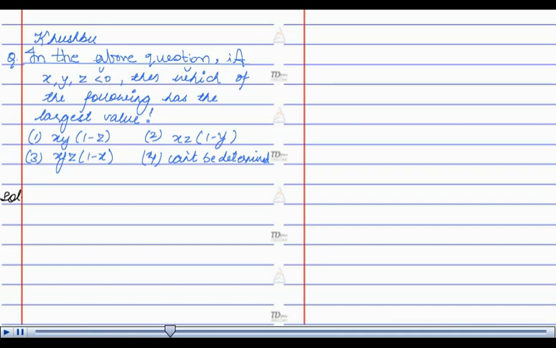Here we know from the previous question that x is greater than y is greater than z, and also in this question it has been given that x, y and z are less than 0.